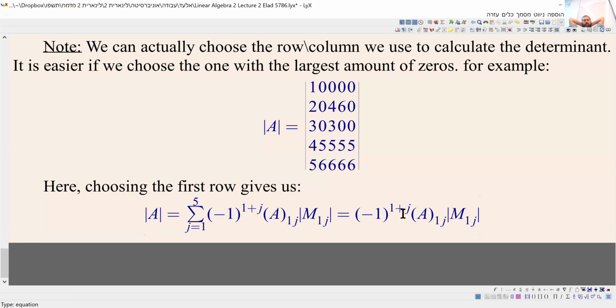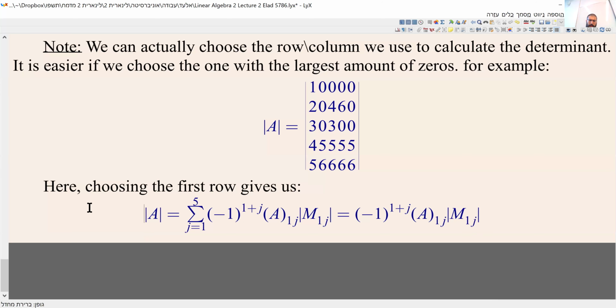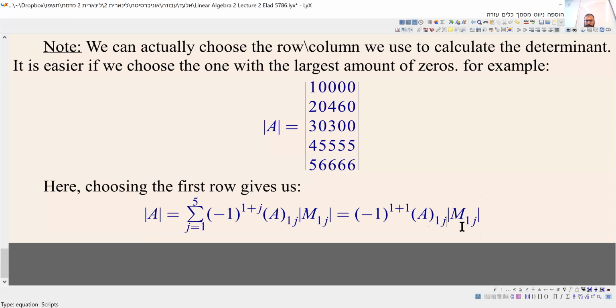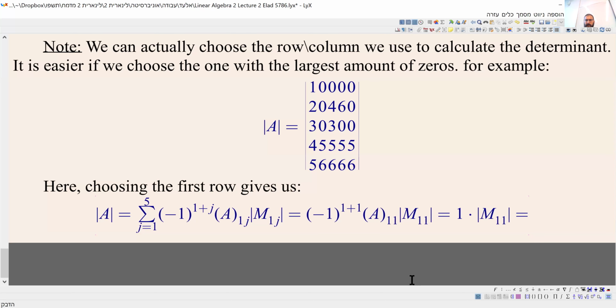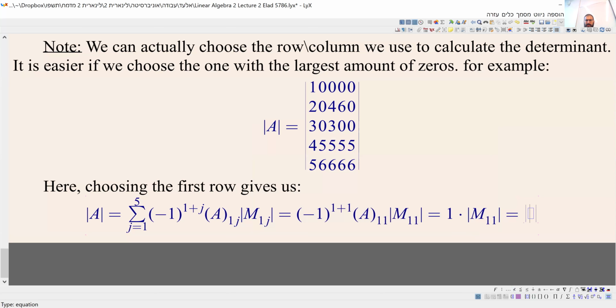Row or first column? The first row. I chose the first row. I plugged in I is 1, and J is left to run in the sigma. So we are left with J equals 1. And we want to write that this is 1 multiplied by the determinant of M11. Let's put it here explicitly.